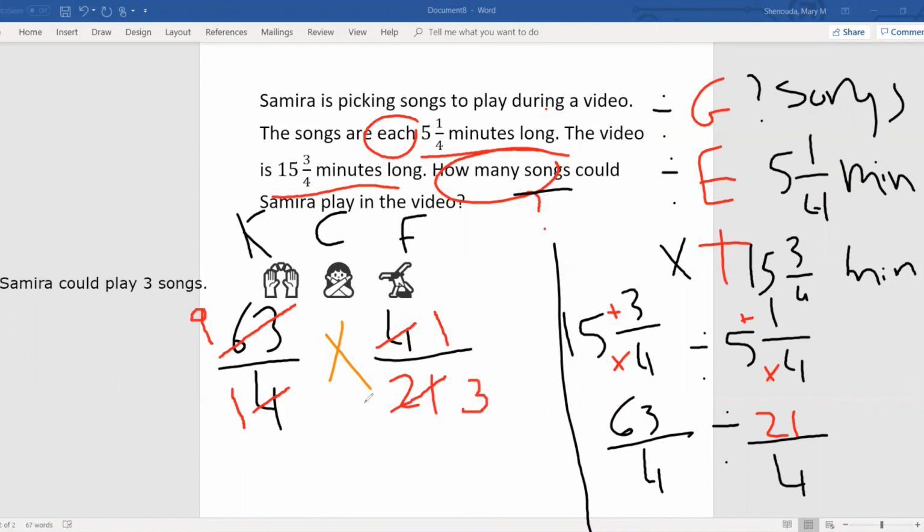And then from there, I can divide the 9 further by 3 to give me 3, and the 3 by 3 to give me 1. Then just multiply the remaining numerators and the remaining denominators. 3 times 1 is 3, and 1 times 1 is 1. So it will still give me 3 songs by simplifying the numbers diagonally.